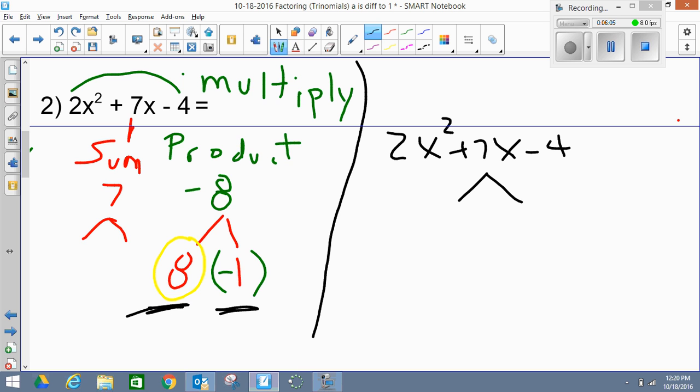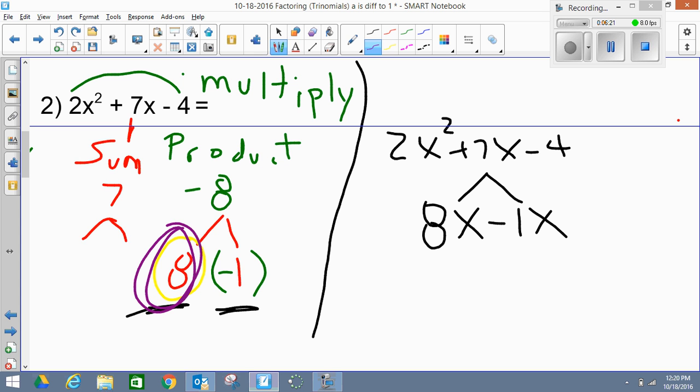So every time you're doing grouping, and in these trinomials, you break up the middle one, the value that is with the x. So that 7x turns into 8x minus 1x. I'm just using these two values that we just found, 8 and -1.